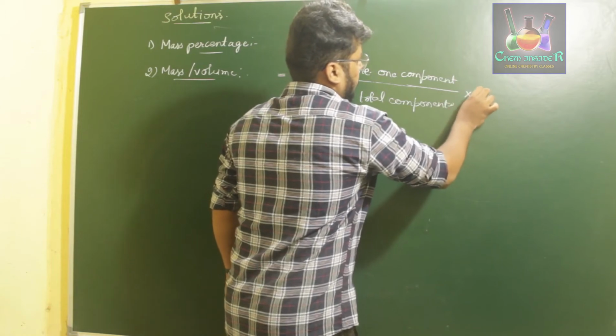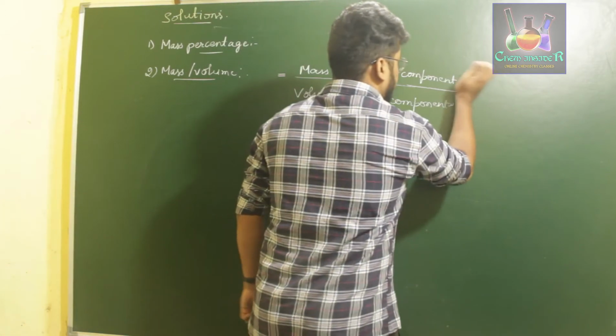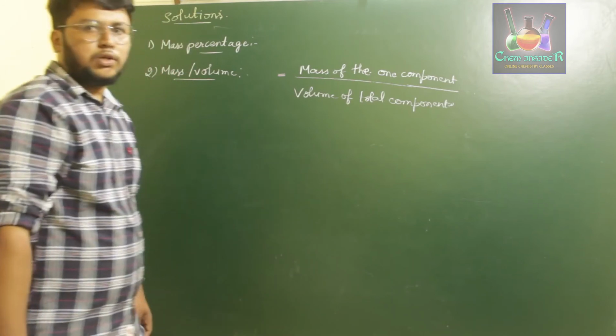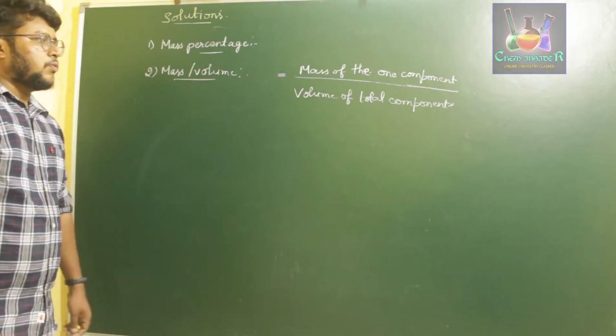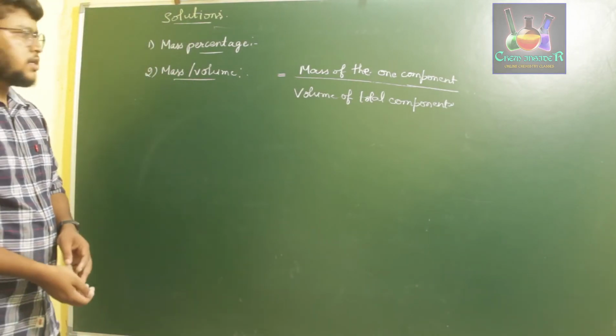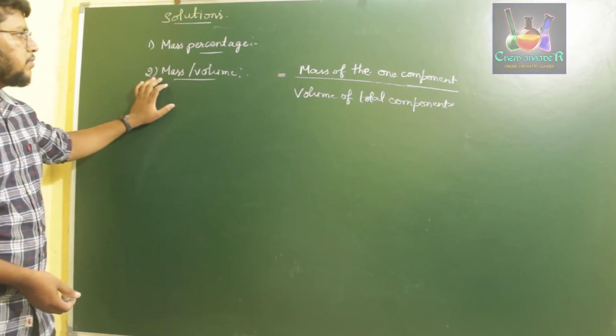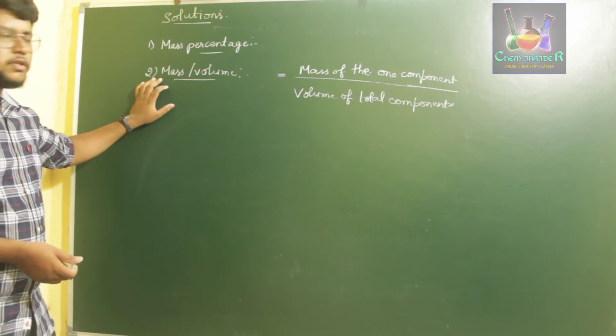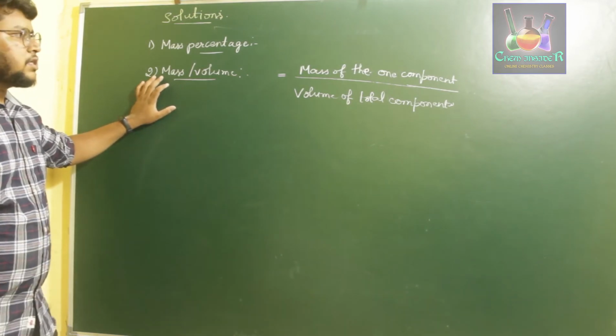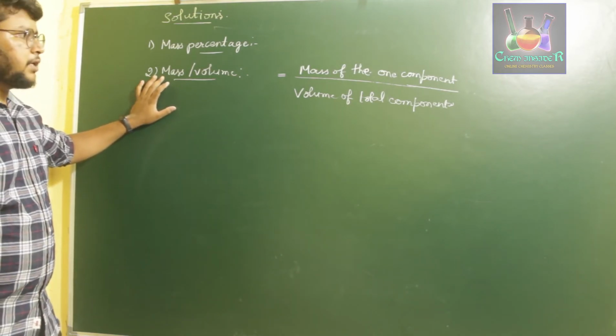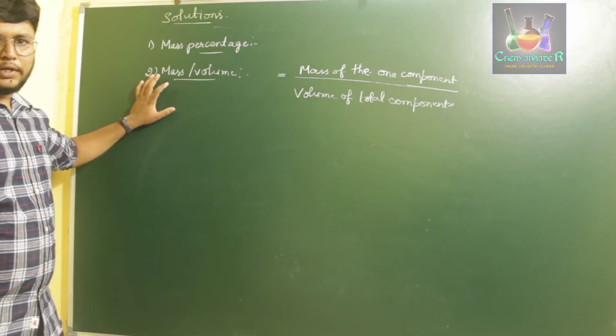So this is the second type of concentration expression, where we consider the mass of one component divided by the volume of total component.